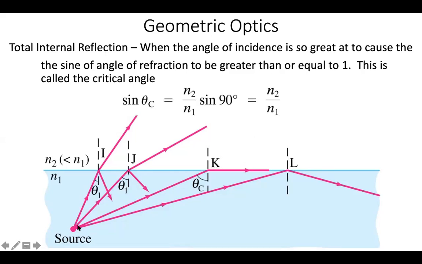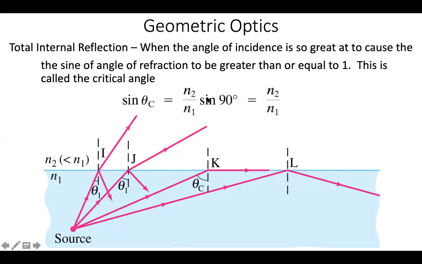And if we make the angle of incidence even greater, not only does it bend to 90 degrees, it's more than that, and then it reflects back. Okay? So it's called total internal reflection. When the ratio, because this would be N1 sine theta 1 is equal to N2 sine theta 2.